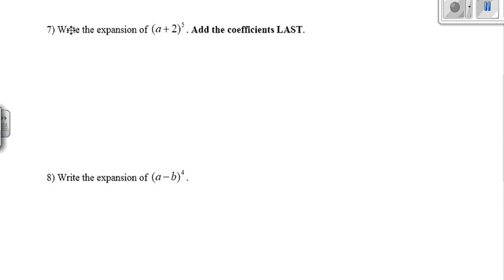Write the expansion out. A plus 2 to the 5th. When we're writing things out, we're going to start with the coefficients.